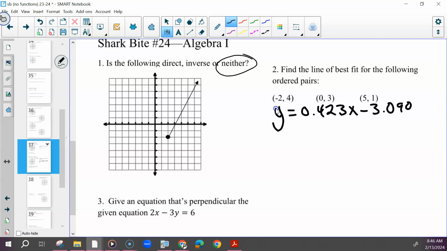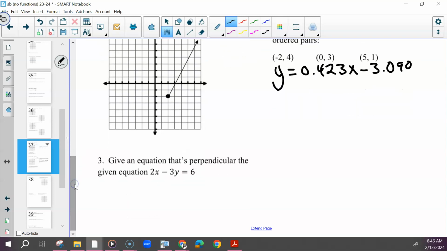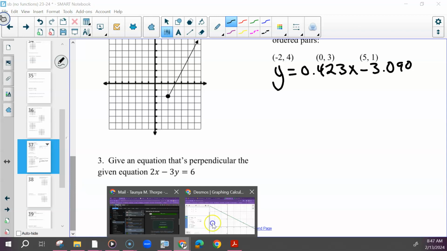And then for number 3, if you were doing this in Desmos, you could type this equation in.